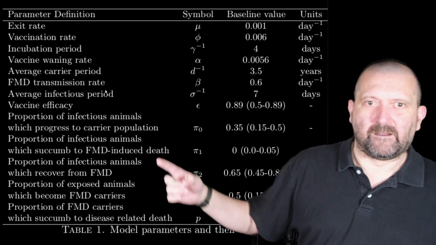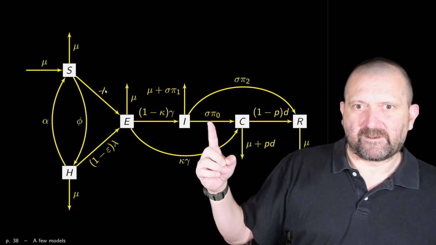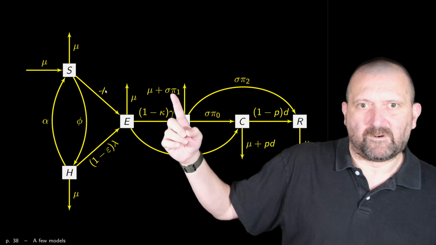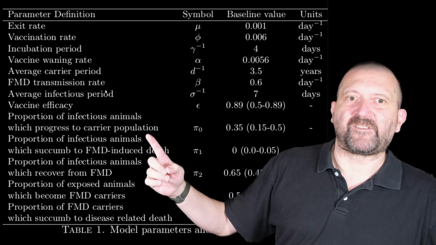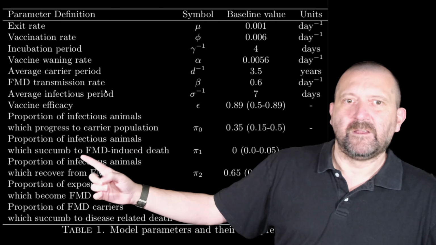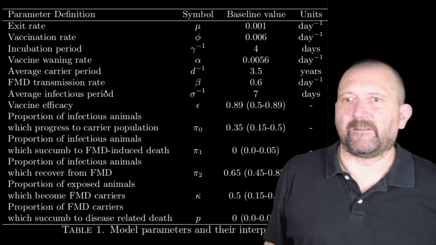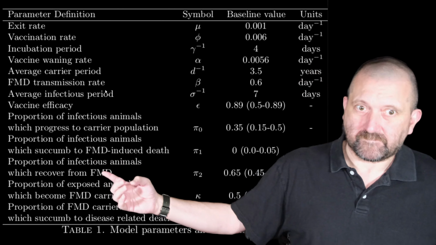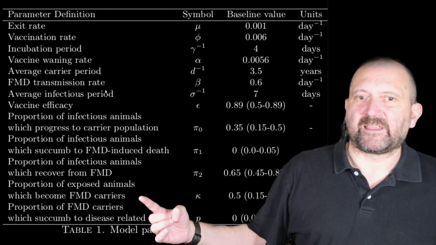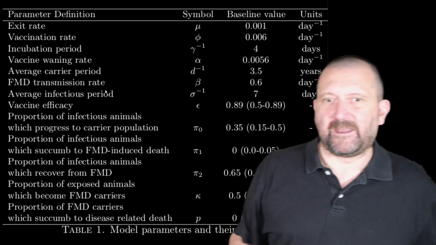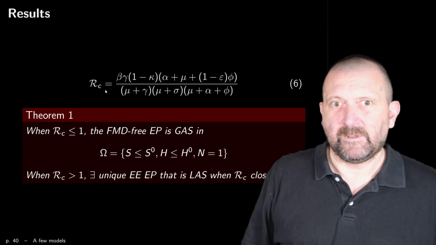And then, for the values that I didn't mention, you have a pi 0, pi 2, pi 1 here, and those are the proportion of infectious animals that progress to carrier, the proportion of infectious who succumb to foot and mouth death, those who recover, exposed that become carriers, and carriers who die. Okay, so these are the parameters of the model.